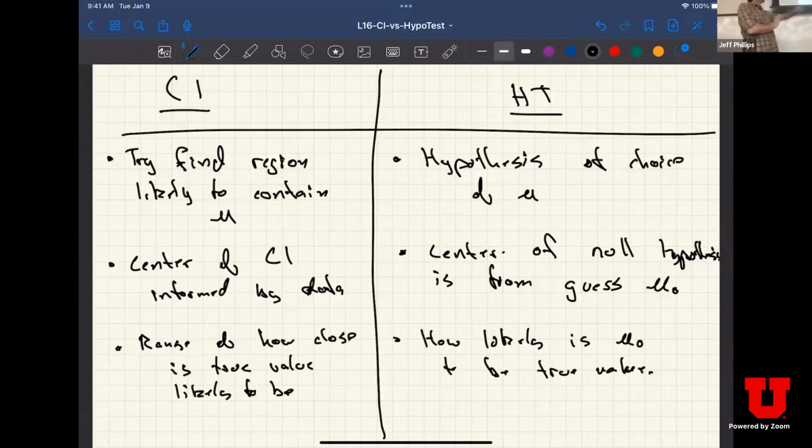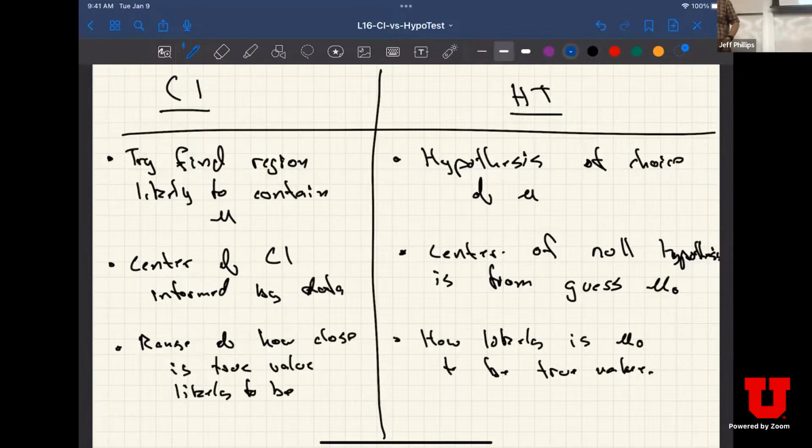Okay, so this one gives you a guess and says, I think the guess is probably near here, and tells you how close is near. That's the confidence interval. The hypothesis test says, well, if you had another thing, I can say, well, that seems reasonable, or it does not seem reasonable.